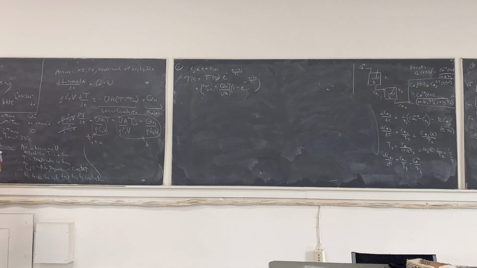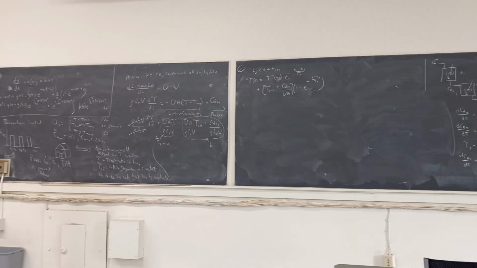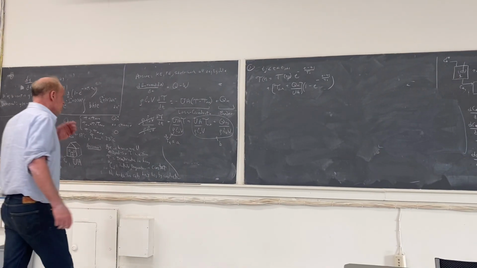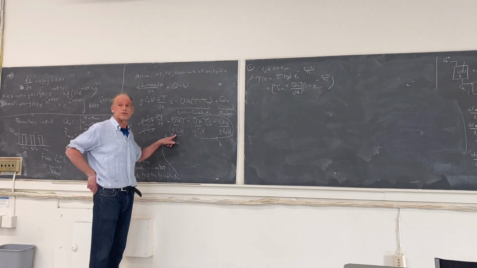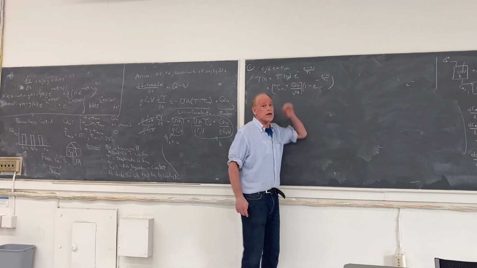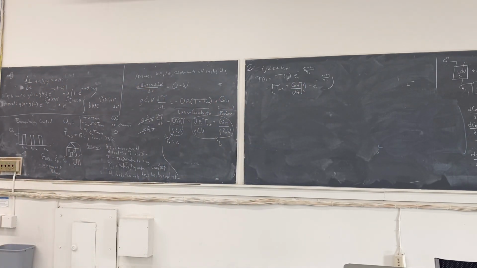Notice the time constant does not depend on the heater. It depends on the characteristics of the house. It also doesn't depend on the outside temperature. So the time constant, T1, does not depend on the heater and does not depend on the outside temperature. It's solely a property of the house. It's how the house responds to different inputs.